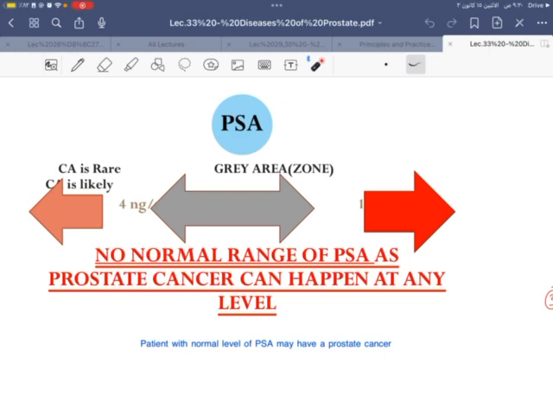Now we have a patient with total PSA from 4 to 10. This is a gray zone. How do we increase specificity that the patient has prostate cancer rather than BPH?